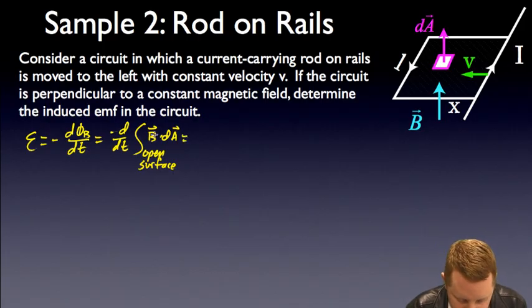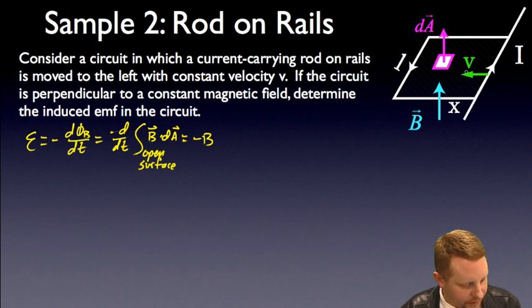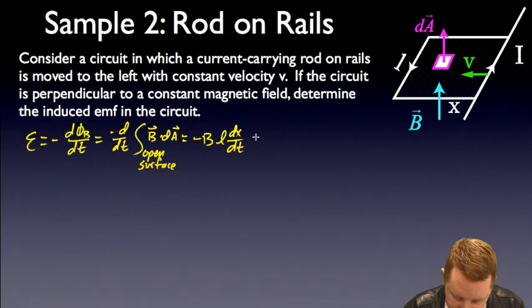Well, B is a constant in this case, so that will end up being minus B, and the integral over the open surface of dA is just going to be that area, and the time rate of change of that area, well, L isn't changing, but x is changing, which is dx dt. So that's going to be minus B L dx dt. But we know that v equals dx dt.